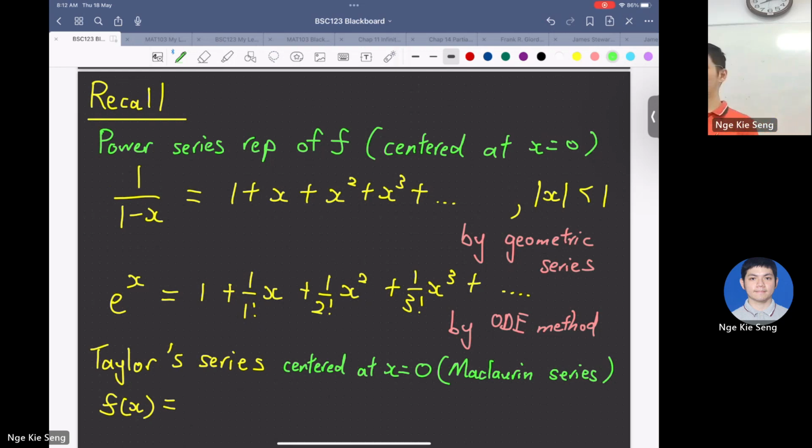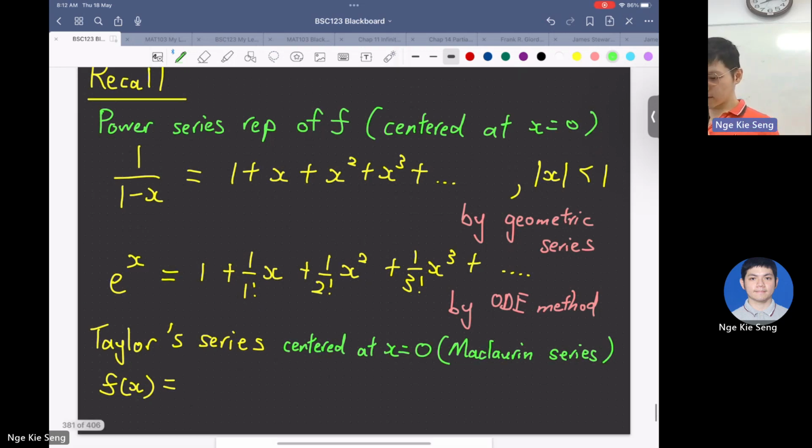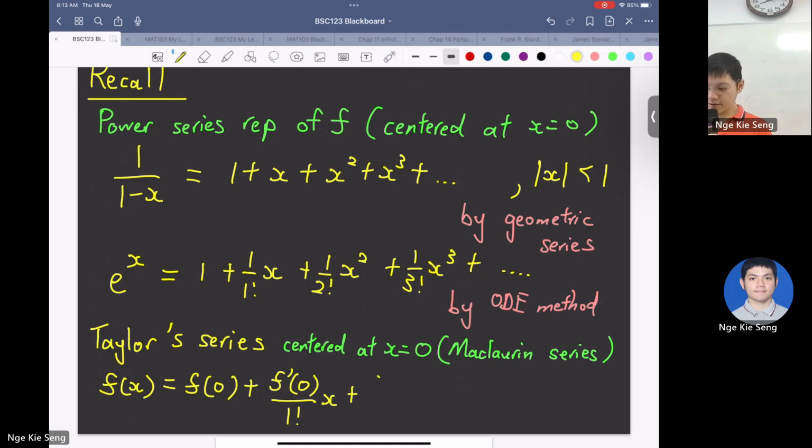The first term is f evaluated at 0, plus the first derivative evaluated at 0 divided by 1 factorial, in this case 1, times x, plus the second derivative evaluated at 0 divided by 2 factorial times x squared, and so on.